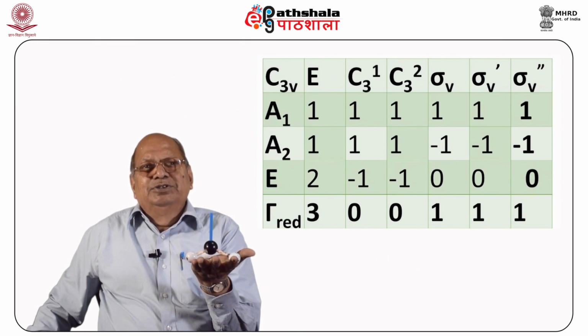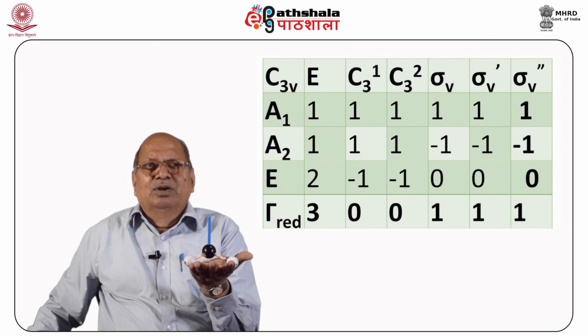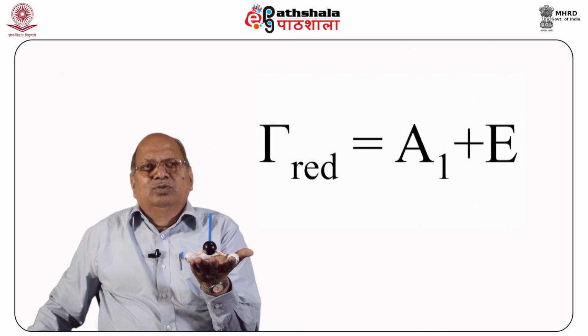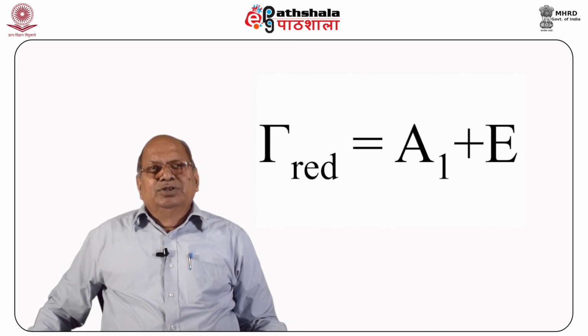Tau reducible can be reduced to irreducible representations by following the standard reduction formula and by making use of the character table of C3v group as given below. And after reduction, it comes out to be tau reducible equal to A1 plus E.